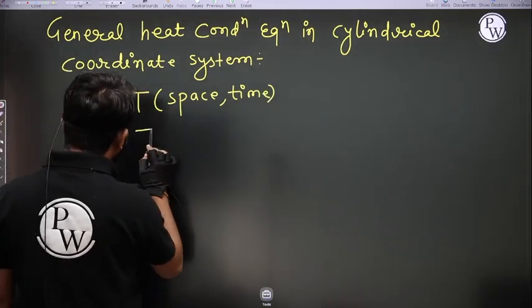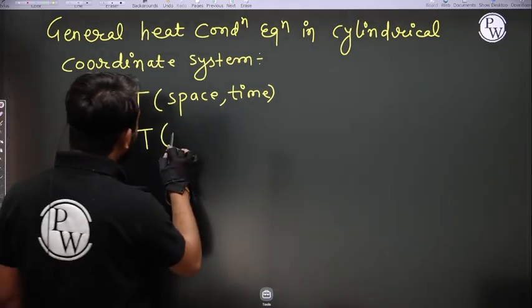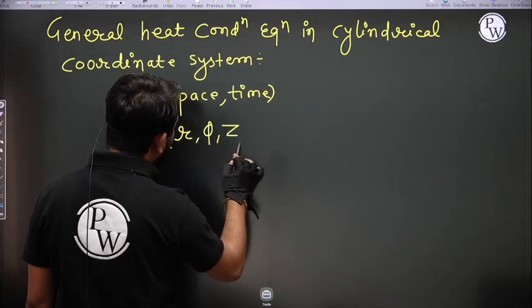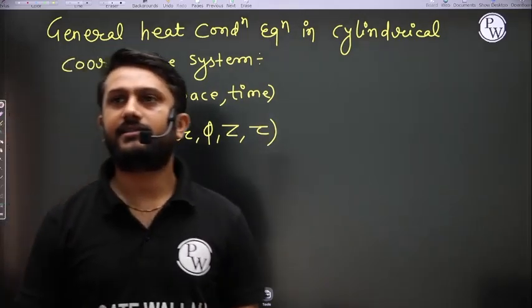And if I am talking about the space, then temperature is a function of r, phi, z, and time tau.